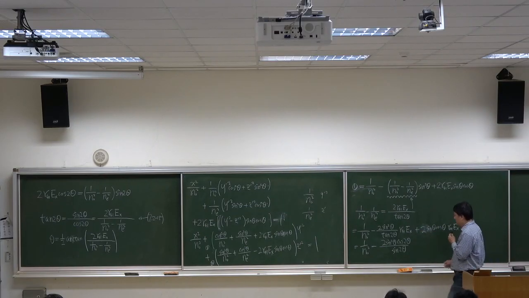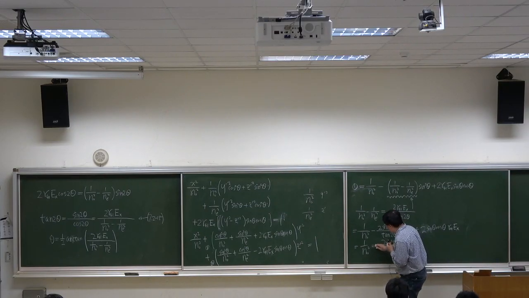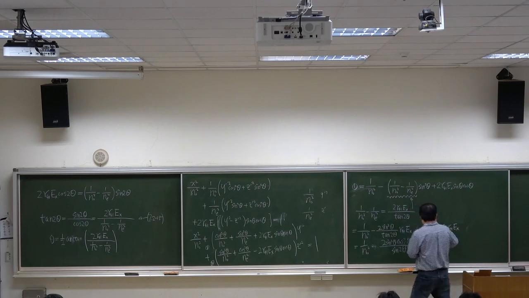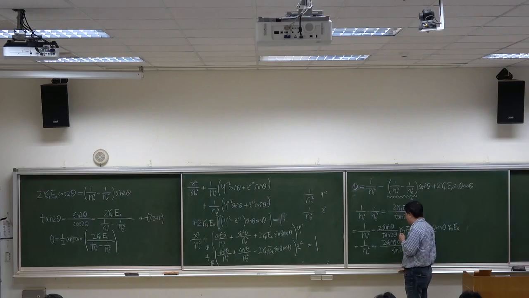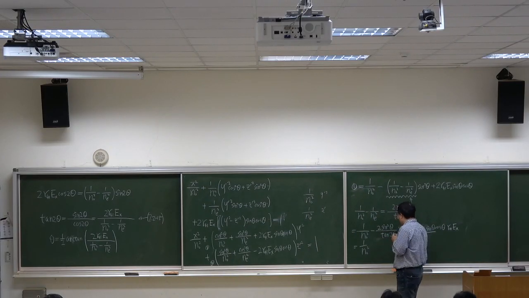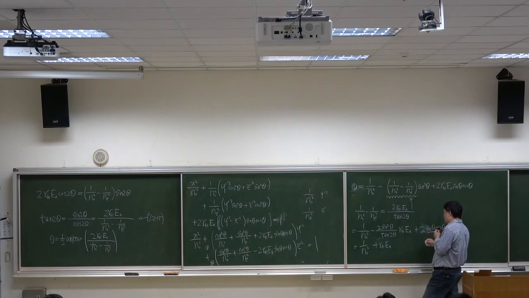OK，这边我们就是这样好了。这里跟这里都有 sin，我们先提出一个 sin。Sorry。We can factor out r41 Ex and 1 sin theta factor.